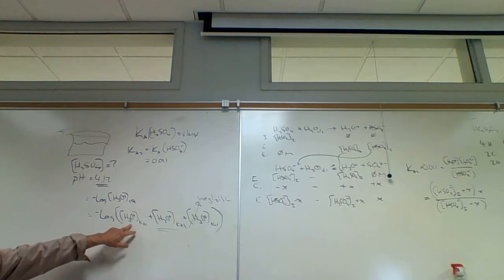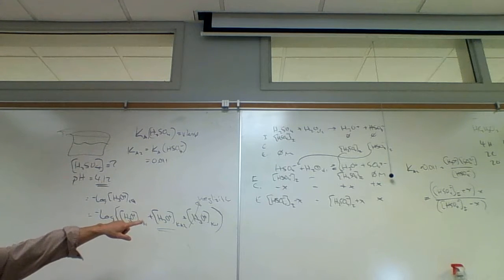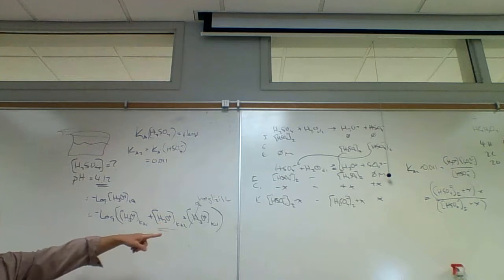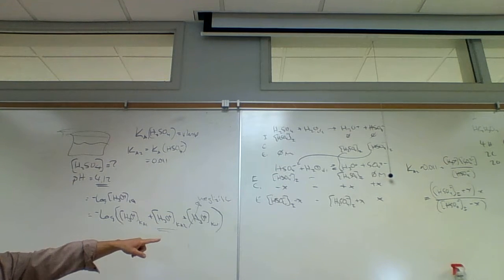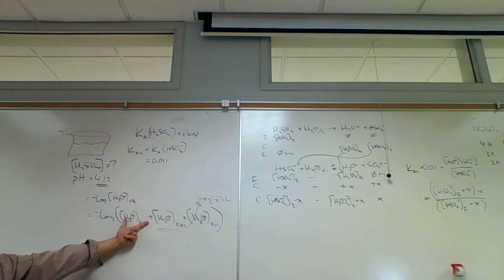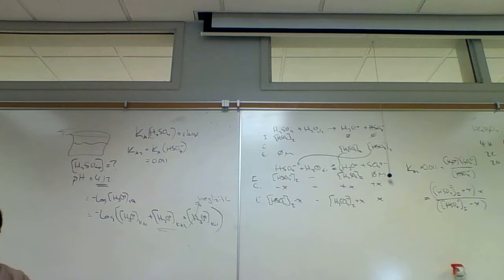If you look at this, the hydronium from Ka1 is equal to HSO4 minus initial. The hydronium from Ka2 is equal to X. And so here we have a second equation we can use, then do some substitution and solve for one variable and substitute.